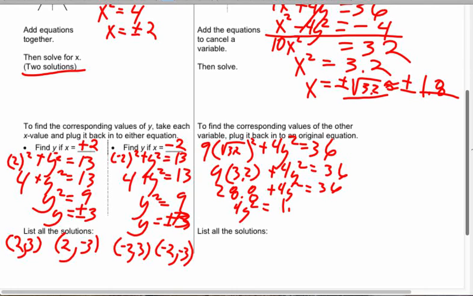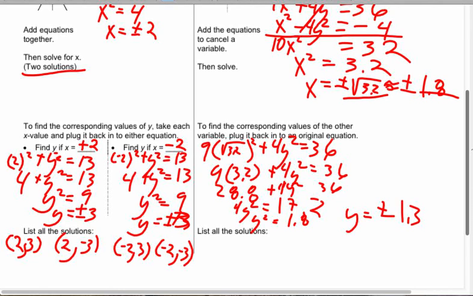That gets me 7.2. Y squared is 1.8. Y is plus and minus 1.3.